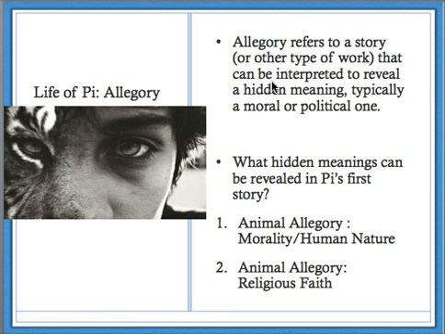So Pi's religious faith is very much evident in his animal allegory, and we'll look at how that plays a role in how the two Japanese ministers are asked which is the better story.